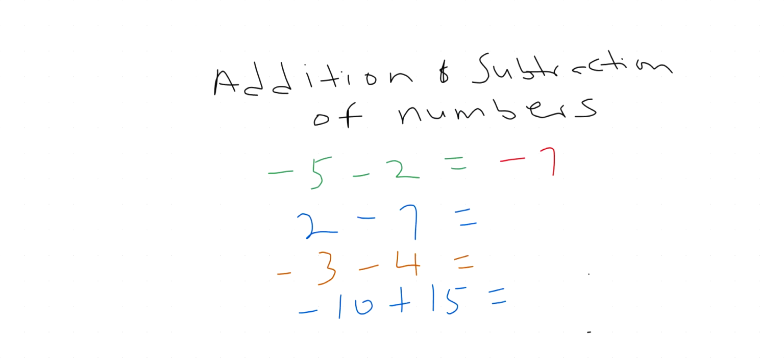To show that I owe 7 and I have 2, the answer becomes -5. -3 - 4 implies that I owe 3, I owe 4. That shows I owe 7. Here, -10 + 15. 10 is the one that carries negative, and 15 is the one that carries positive. That shows I owe 10, so I have 15. So if I owe 10 and have 15, that shows I still have 5.